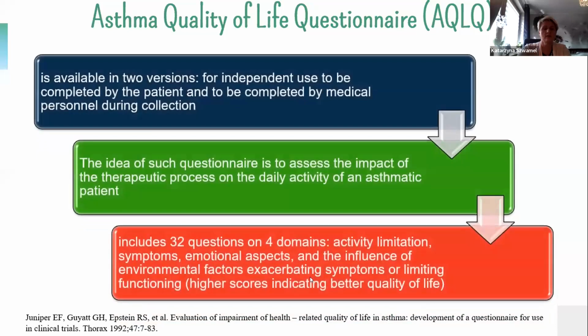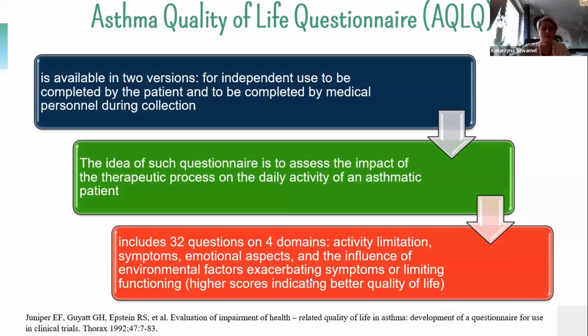The Asthma Quality of Life Questionnaire is the next tool for assessing quality of life among patients with asthma. We have this tool in two versions: one for the patient, and the second for medical personnel.